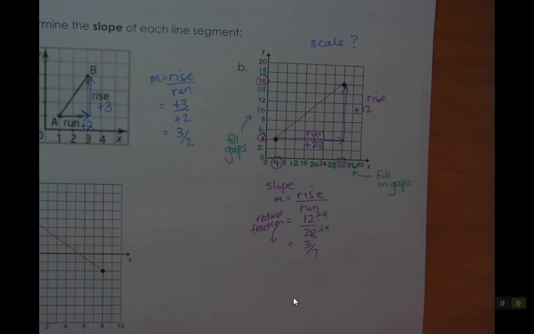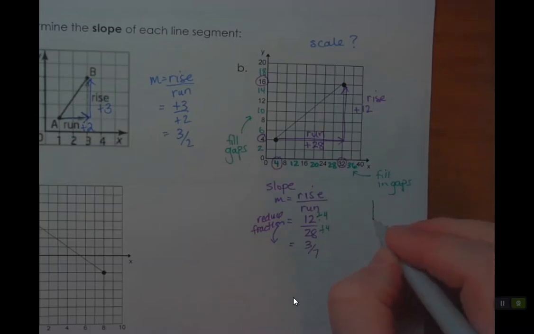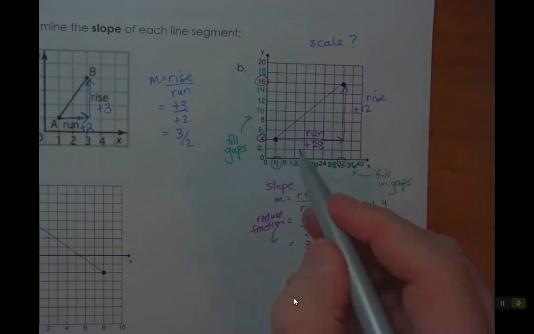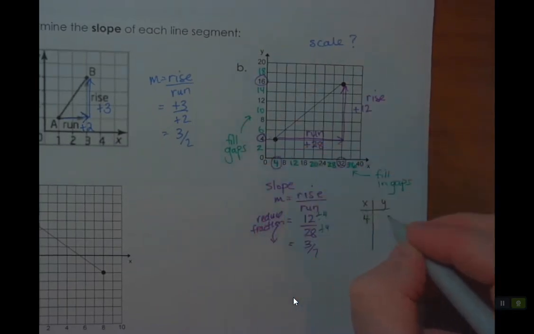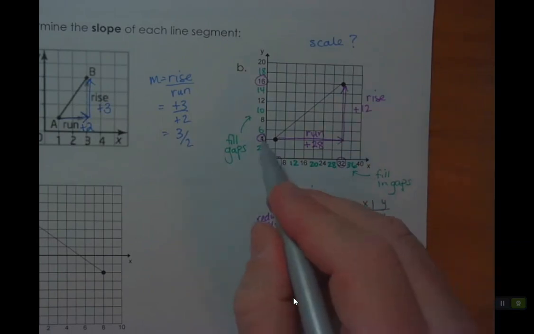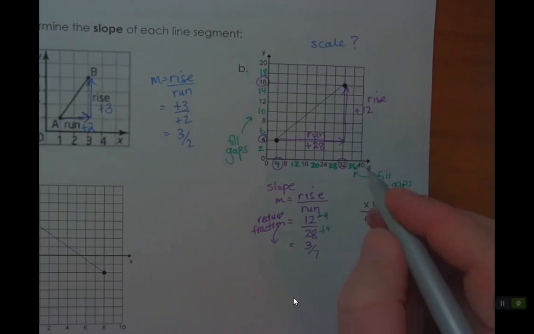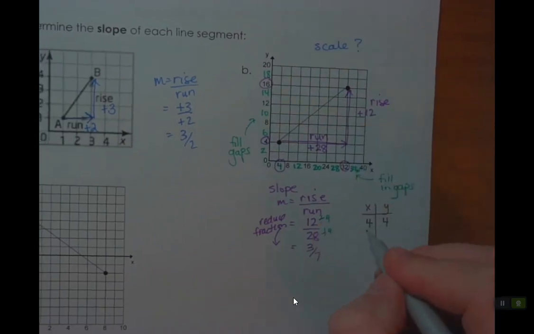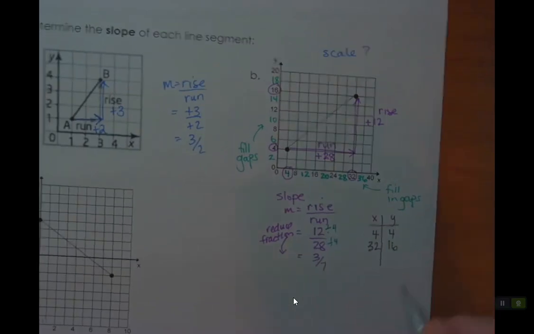Another way of doing that is making a table. If I look at a table here, I can say my first point is 4, 4. X value is 4, Y value is 4. My second point is 32 and 16.